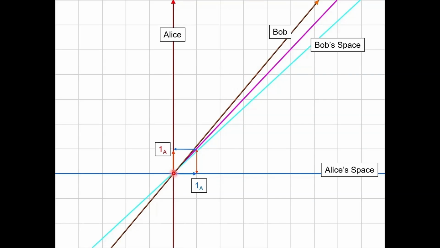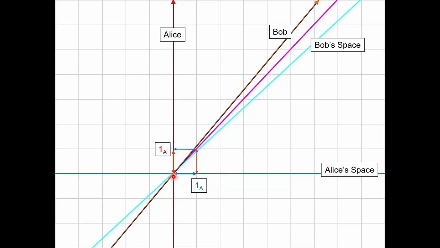Now Alice does the procedures we talked about and defines this point over here as being 1 unit of distance in her coordinate system, and this point over here being 1 unit of time in her coordinate system. And according to this, we can see that the speed of information is 1.